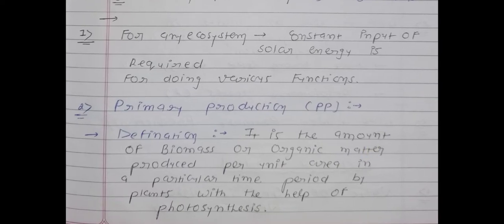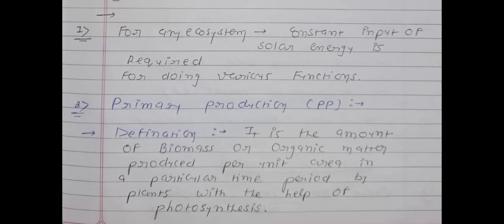What will be the definition? It is the amount of biomass or organic material produced per unit area in a particular time period by plants with the help of photosynthesis, which is known as primary production.